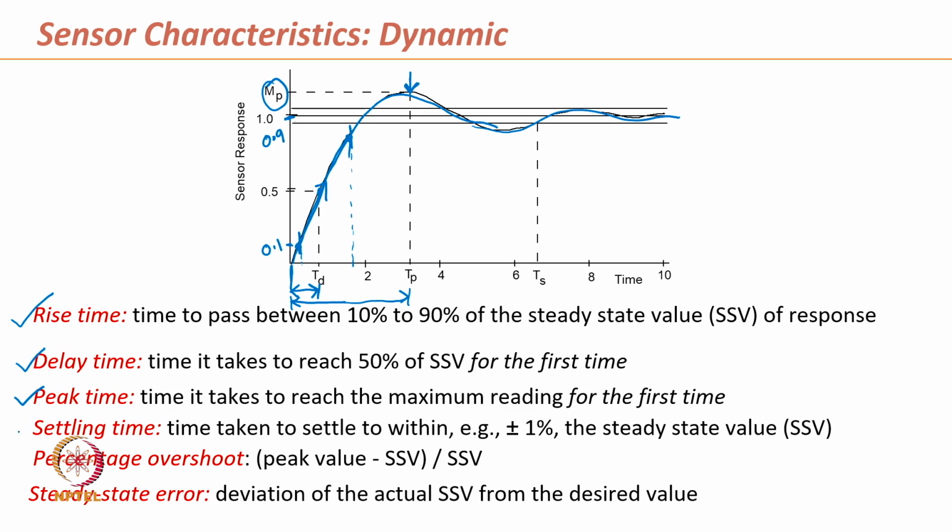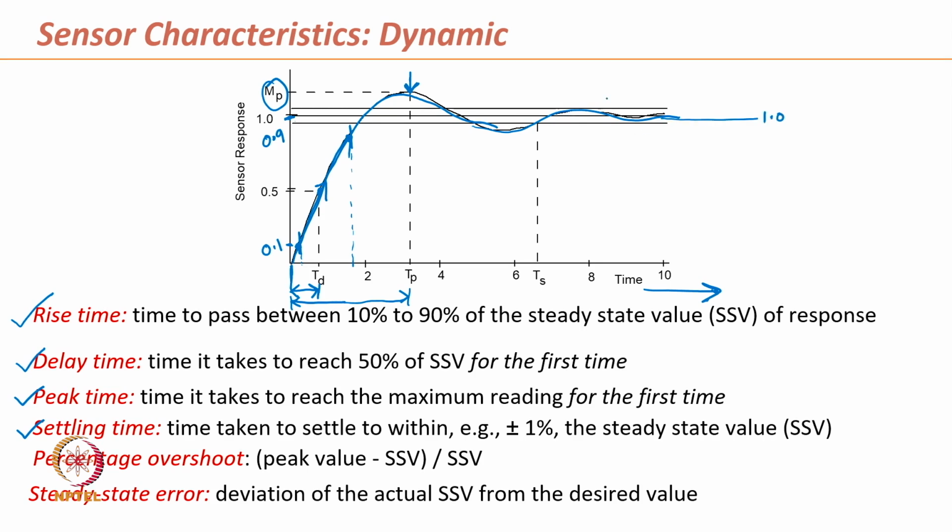The settling time is the time taken by the output to reach its steady state value. Though this is a dynamic characteristic, it takes a very long time to settle to exactly the value of 1.